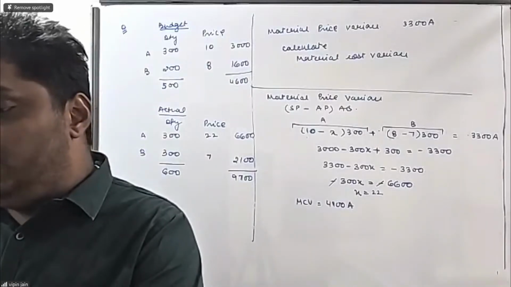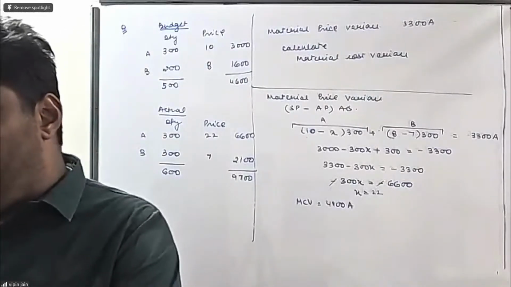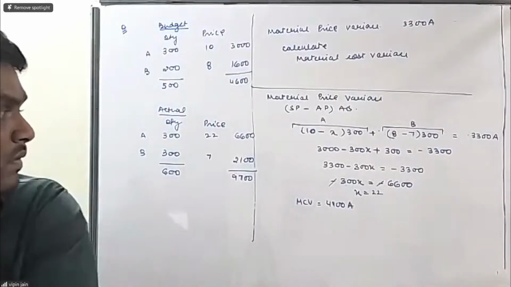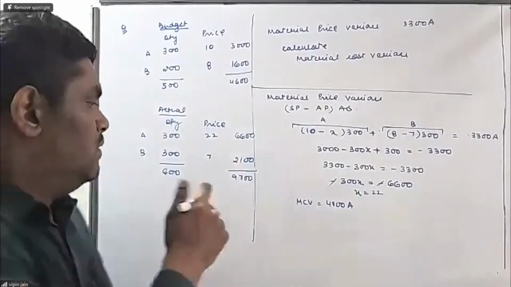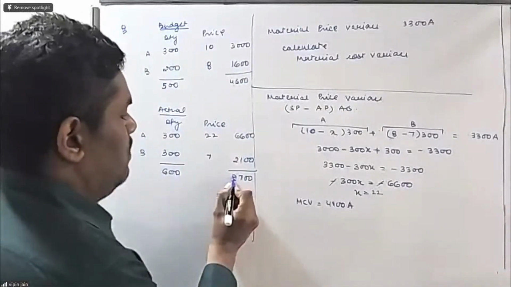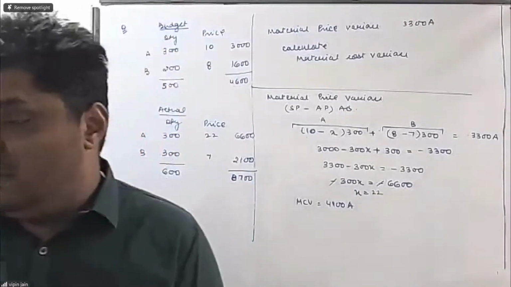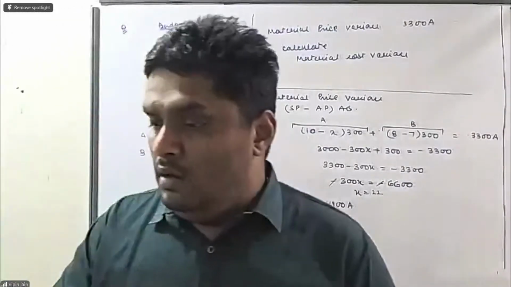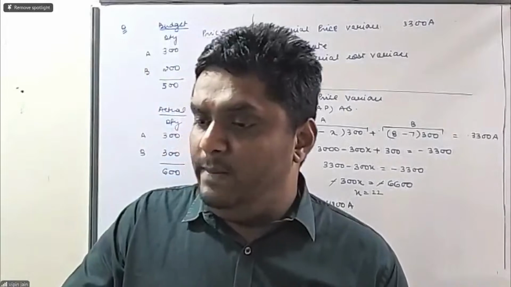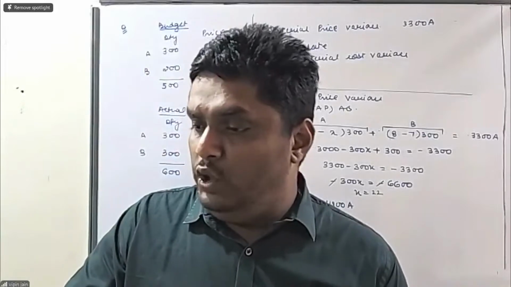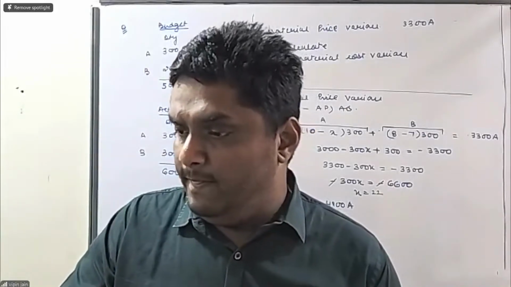Those who want to copy the solution can please copy. If material price variance is given, what do you want to say, Manvi?